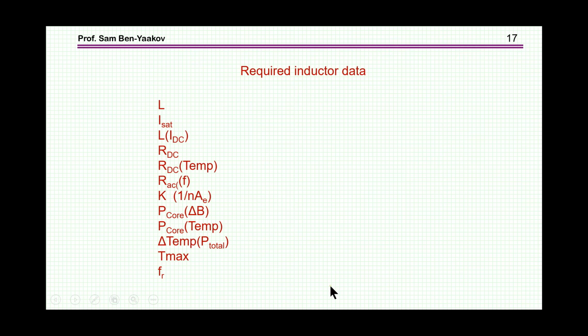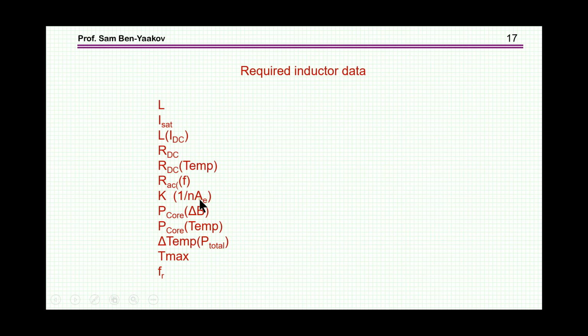Now, looking at the requirements for designing a system with an inductor, or the parameters that you have to know or take into account, we see that there's quite a list. We have the inductance, saturation current, the dependence of the inductance on the current, RDC as a function of temperature, RAC as a function of frequency.